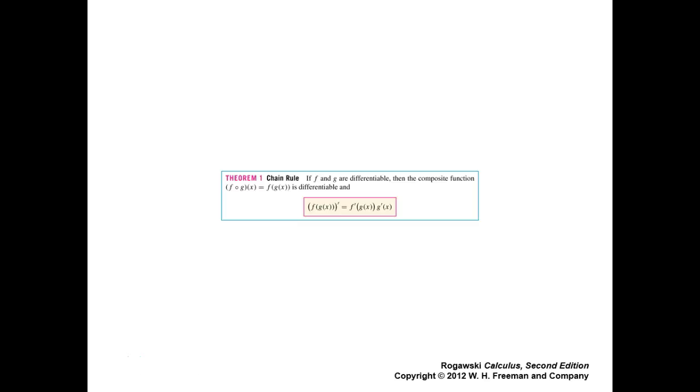Calculate dy/dx for y is equal to tangent of x over x plus 1. All right. Oh boy.